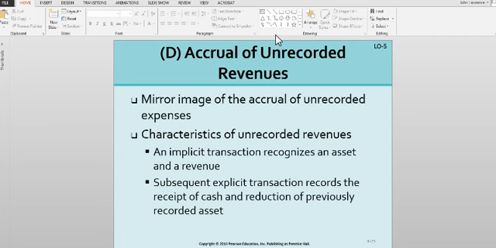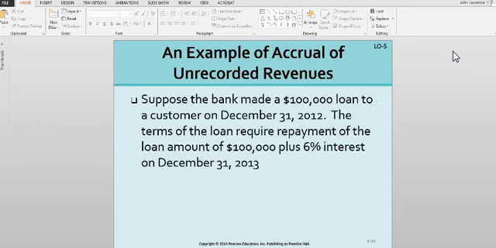In an unrecorded revenue perspective, you've actually done what you need to do relative to your obligation to record revenue, but yet you haven't invoiced the customer, and so you don't have an accounts receivable, but in turn you now need to be able to record your revenue.